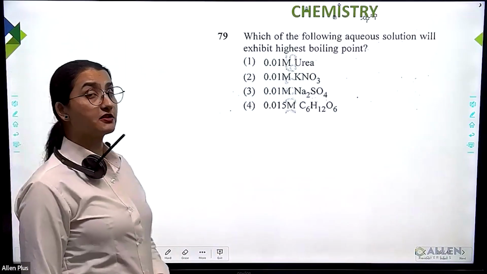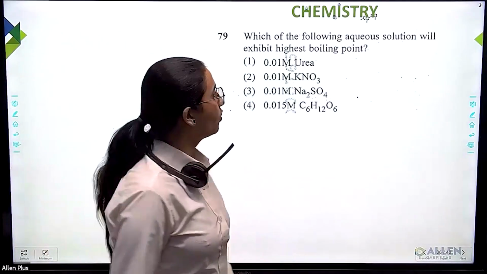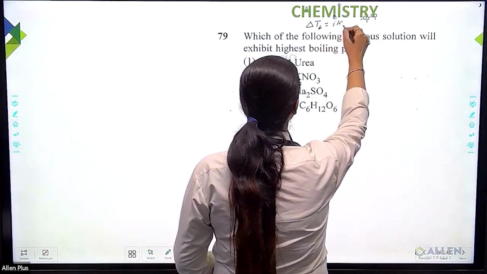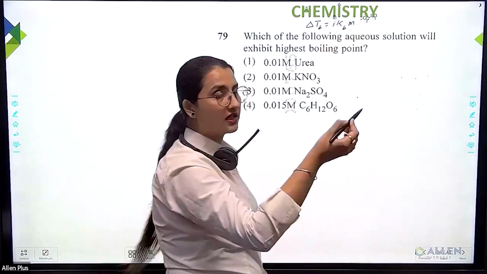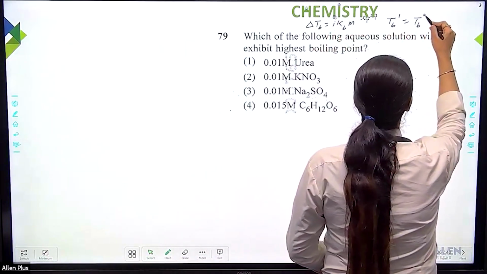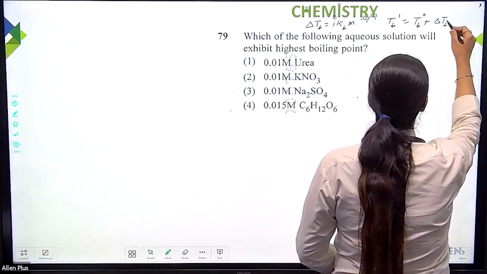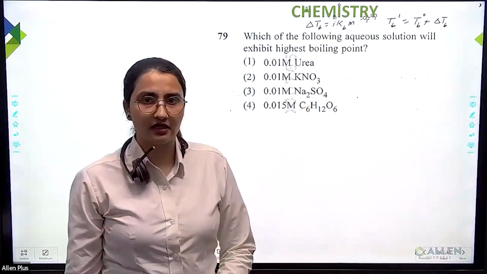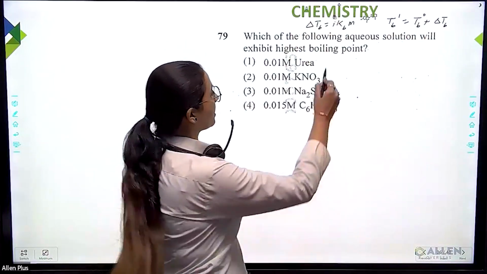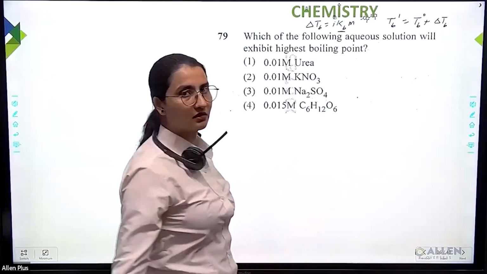Next. So students, this is from the chapter liquid solutions. What's the formula for boiling point? Delta TB is i KB m. And to get boiling point, what we do? Normal boiling point plus delta TB. So I can infer, more delta TB, more is the boiling point. If you check here, KB is a constant.